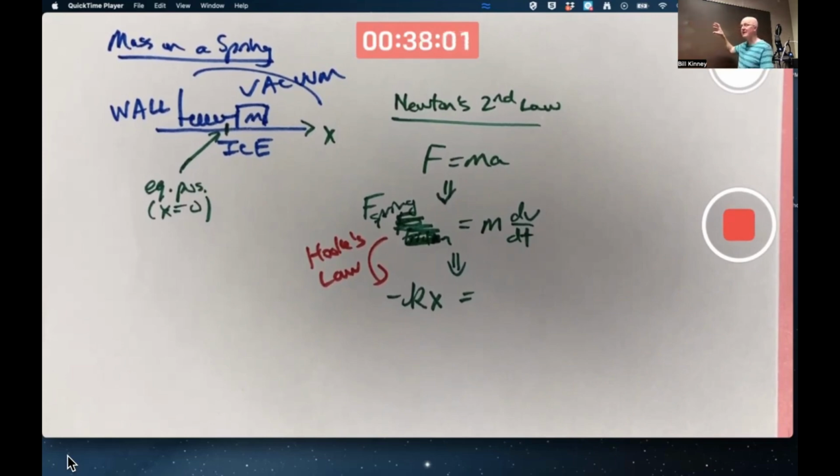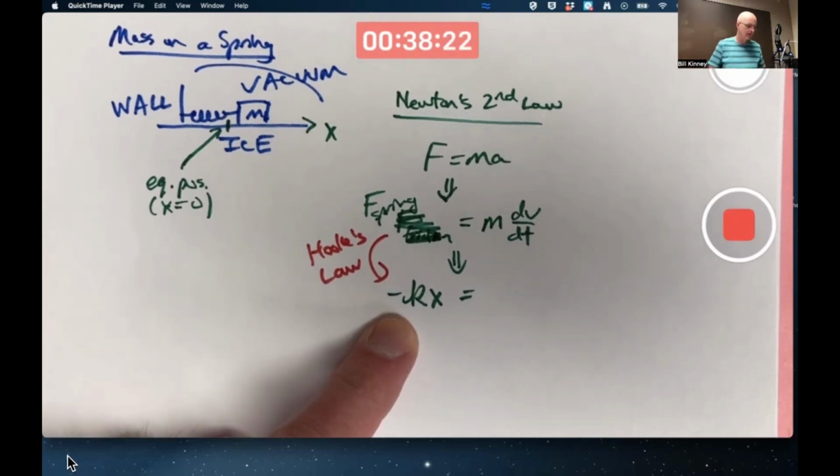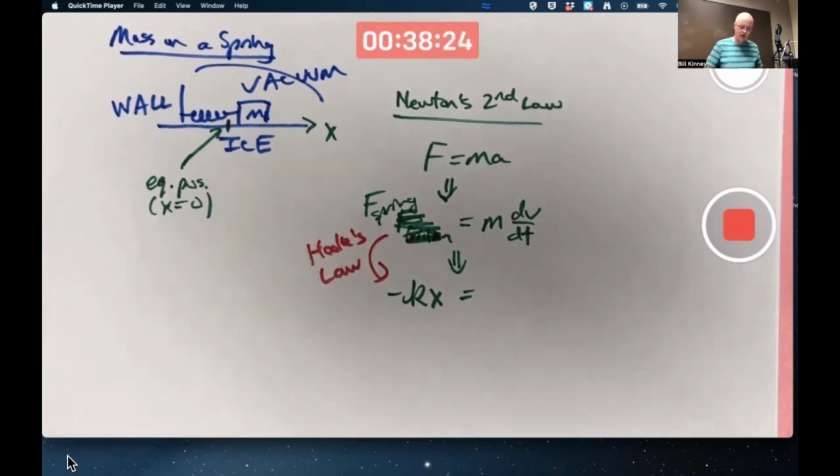Pull that mass to the right, make X positive. The restoring force is in the opposite direction, negative. You've got to pull it harder and harder to go further and further. Compress it so that X becomes negative, the restoring force is in the positive direction. It has the opposite sign as X. So there's a constant of proportionality, k, where the spring force is negative kx.